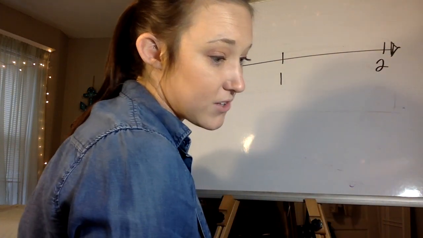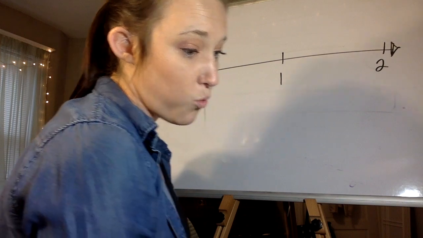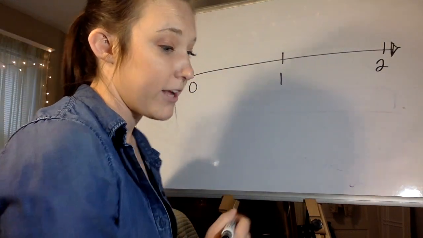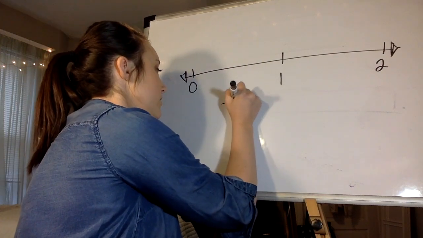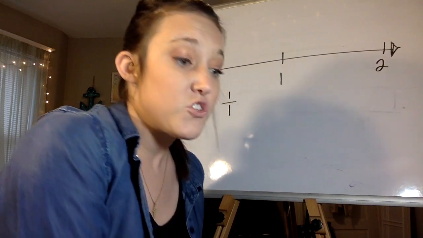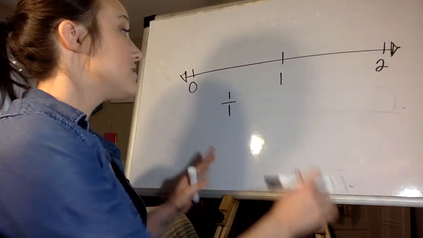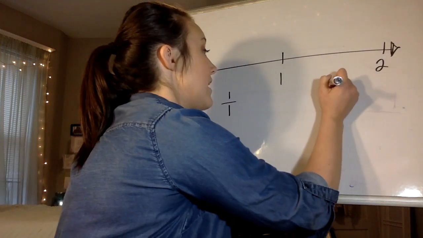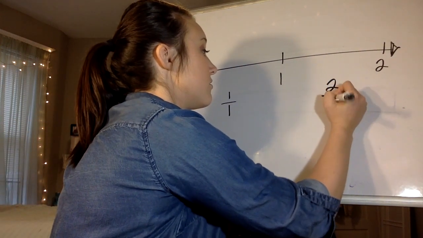It says 1 whole divided into 1 equal part can be written as 1/1. When I have 2 wholes divided into 1 equal part, it will be written as 2/1.